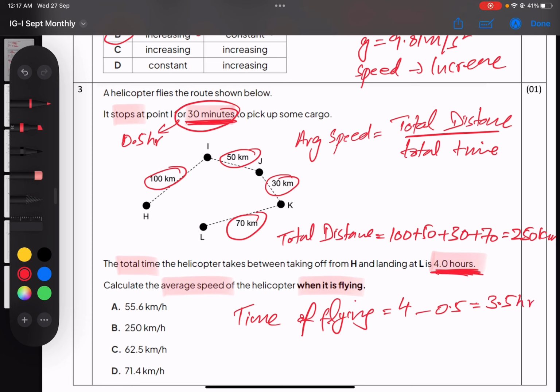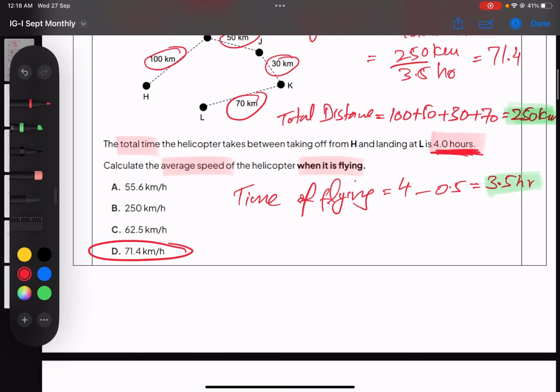We have to divide the total distance by the total flying time. So that will give us 250 kilometer divided by 3.5 hours. 250 divided by 3.5 gives us 71.4. It's option D.